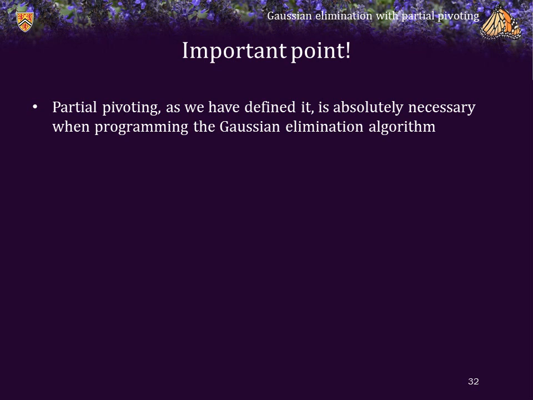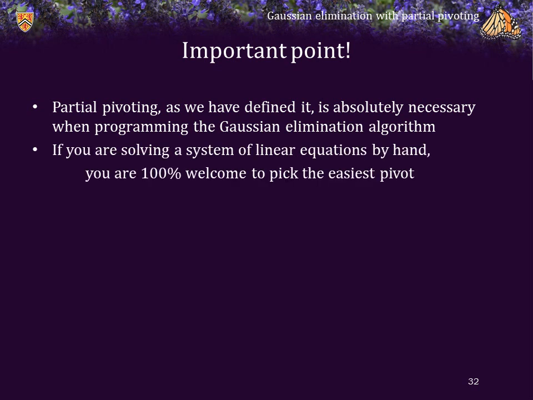All right, that being said, if you are solving a system of linear equations by hand, you are 100% welcome to pick the easiest pivot. So, for example, suppose you're solving this system of two linear equations and two unknowns.